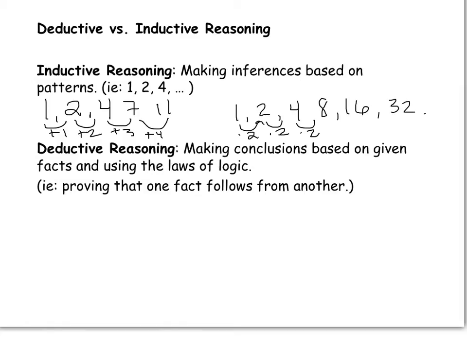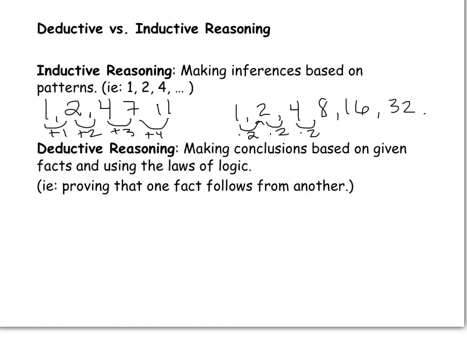So inductive reasoning is very useful, and it helps us to come up with good conjectures. But then we need to test those conjectures and see if they must hold under all conditions. And that's where deductive reasoning comes in. Deductive reasoning is making conclusions based on facts and using the laws of logic that we're going to learn about right now.